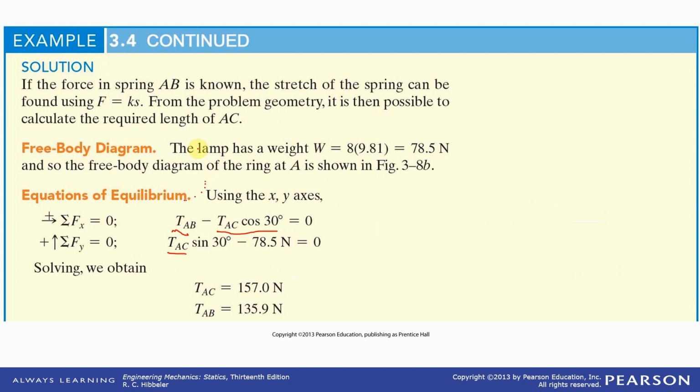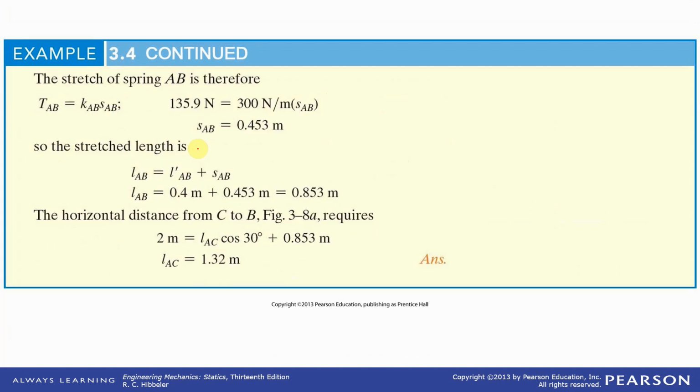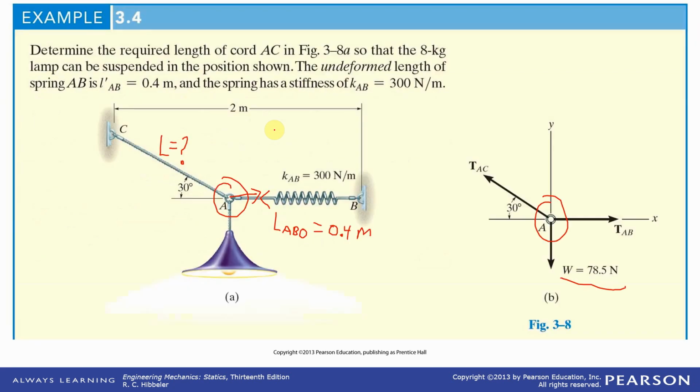T_AB, 135.9 down. 300 newtons per meter, that's the spring constant, times whatever that length is. We get 453 meters. Go back. 0.453 here. Two minus this gives us the total length.